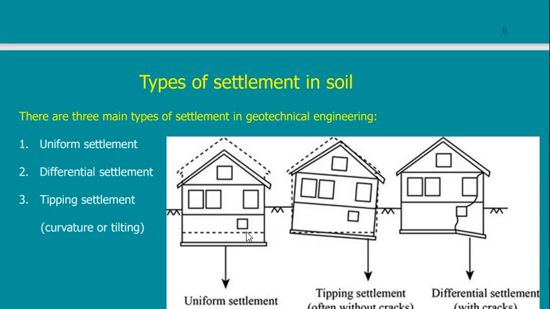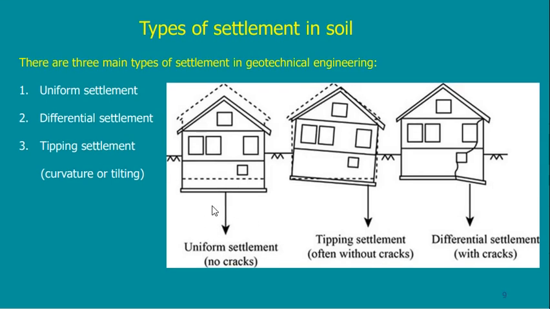Will the structure settle uniformly below, or will it tilt, similar to the Pisa Tower, or will it crack because of variable deformations? So this is another method for categorizing the settlement, but in terms of its effect on the structure.